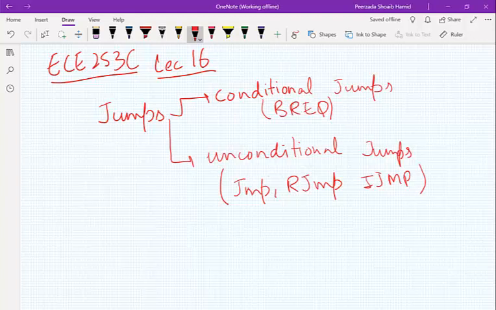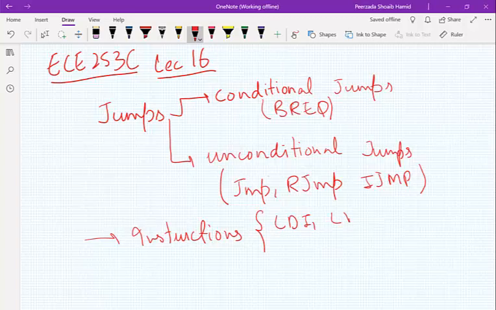Also, we have discussed various instructions pertaining to moving data from one point to another inside the microcontroller, and some of the arithmetic instructions were discussed, like LDI, LDS, add, in, out.